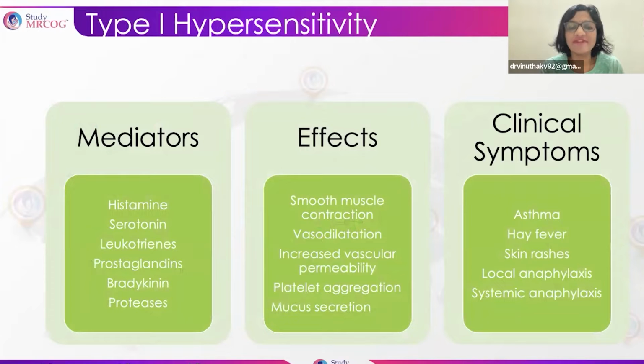These effects can lead to symptoms like asthma, hay fever, skin rashes, local anaphylactic reactions, and systemic anaphylaxis. So type 1 hypersensitivity reaction can be as simple as a wheal and flare effect or as serious as life-threatening systemic anaphylaxis.